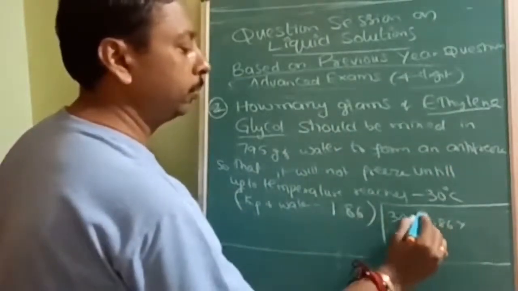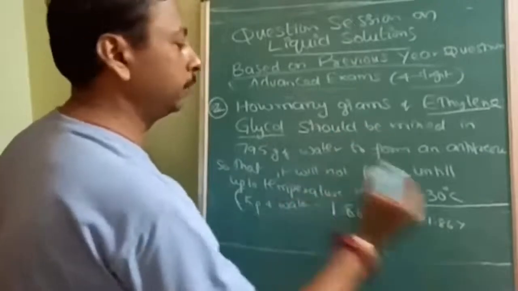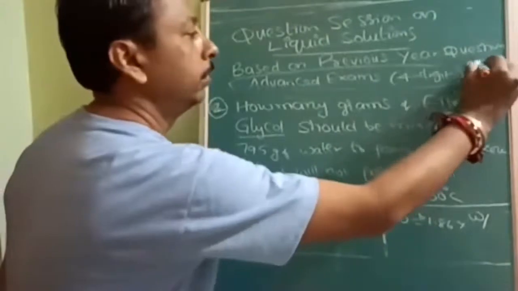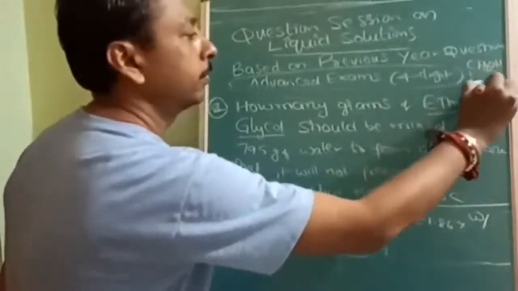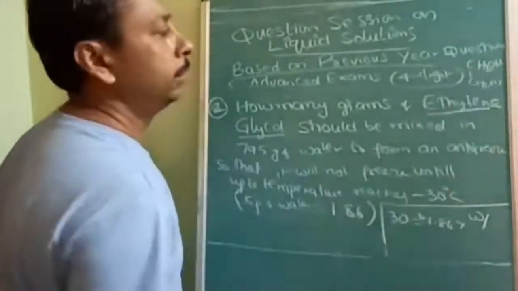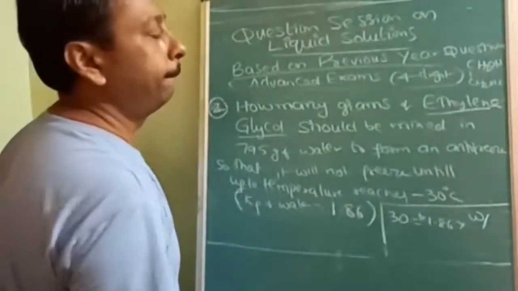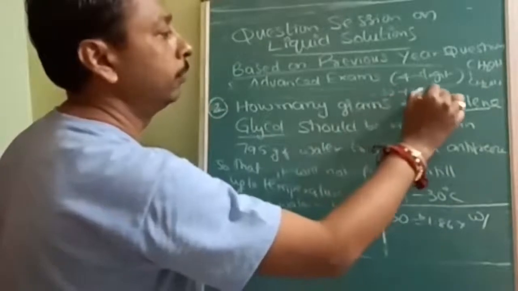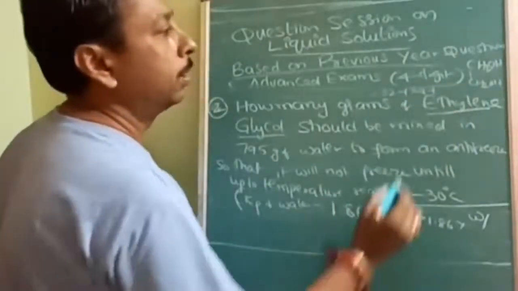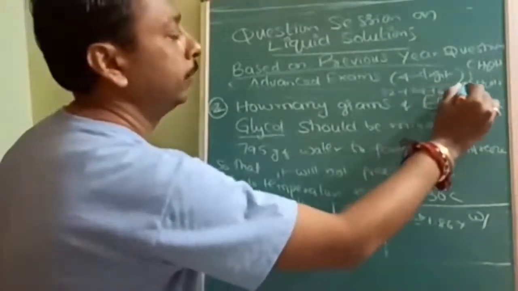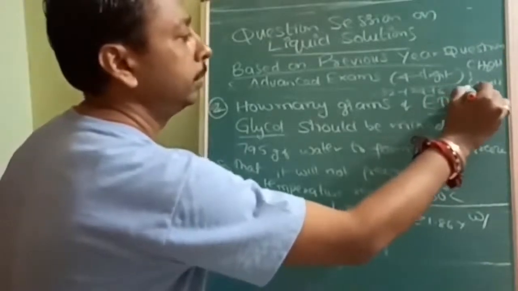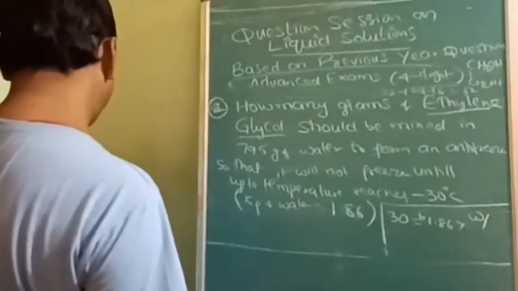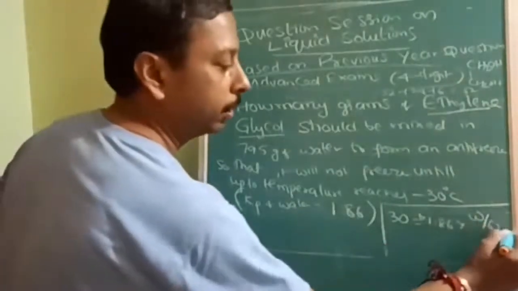So 1 into 1.86 into mass of solute. You have to find out ethylene glycol, CH2OH and CH2OH. It will be 32 plus 24 plus 6, so it will be 62, I think. Molecular mass will be 62.